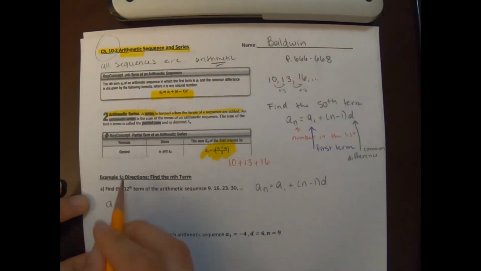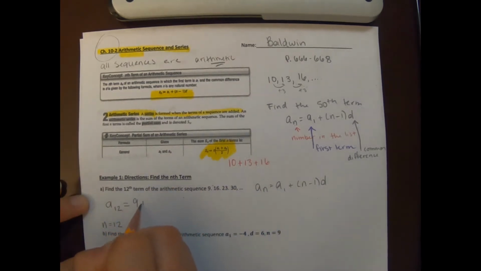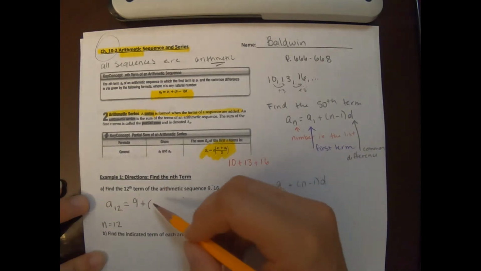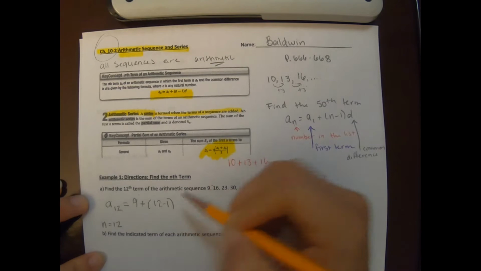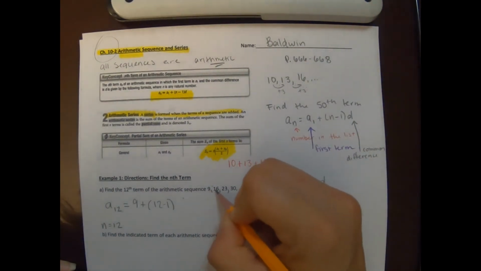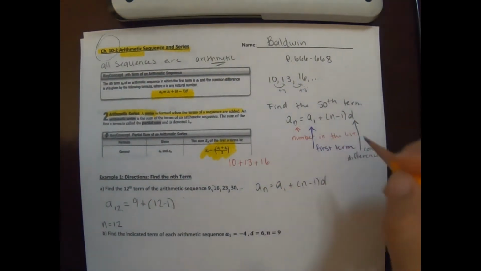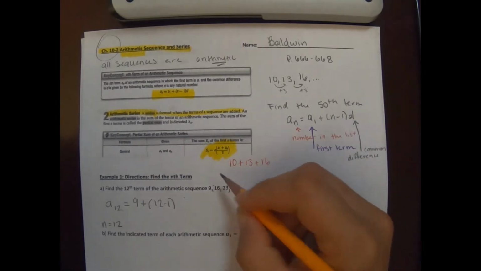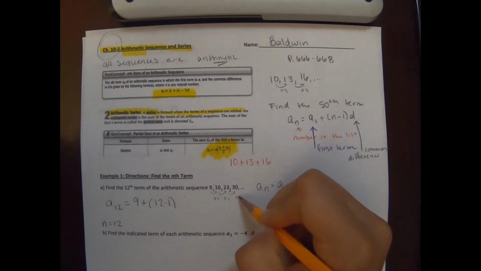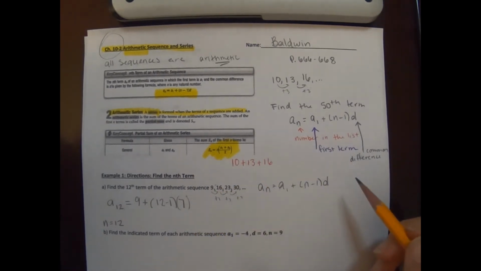So A12 equals A1, the first term, so we'll put a 9 in here. 12 is n, so we're going to do 12 minus 1 times d, the common difference. How much are these going up by? We have to calculate d. Looks like they're going up by 7. So d equals 7.